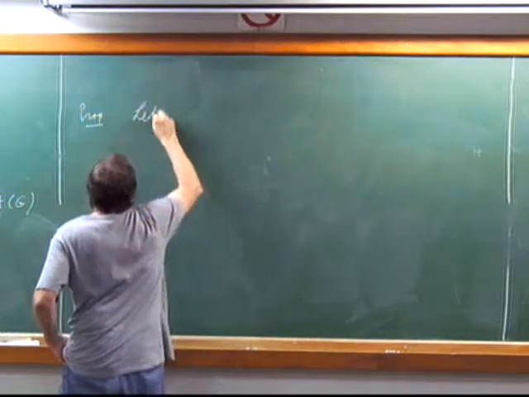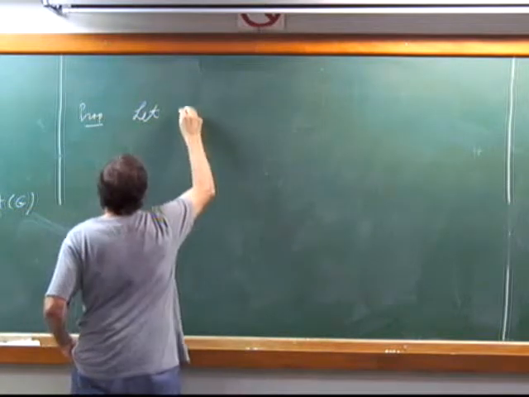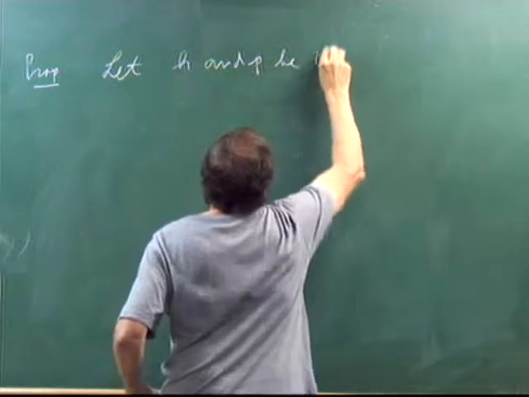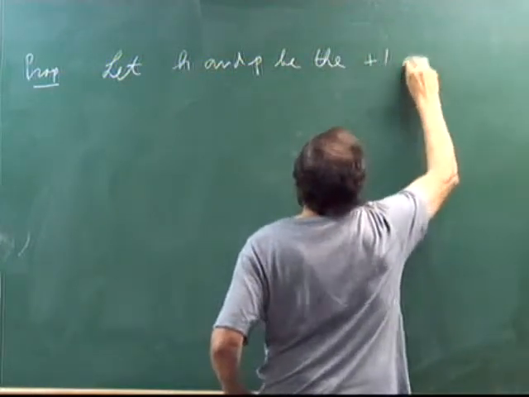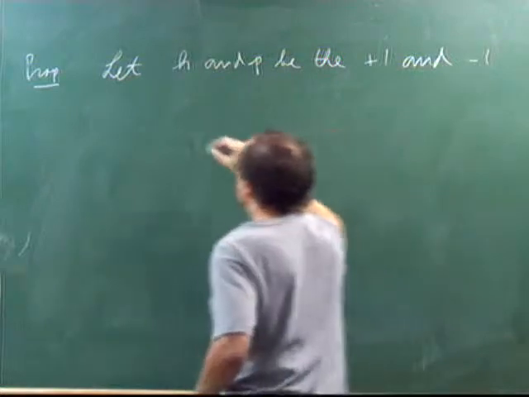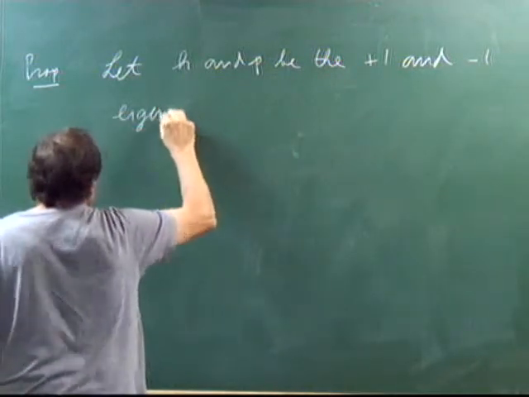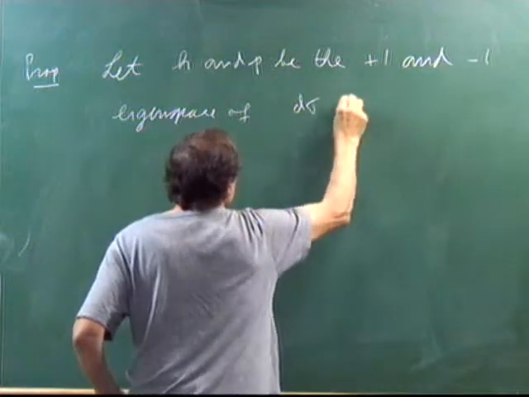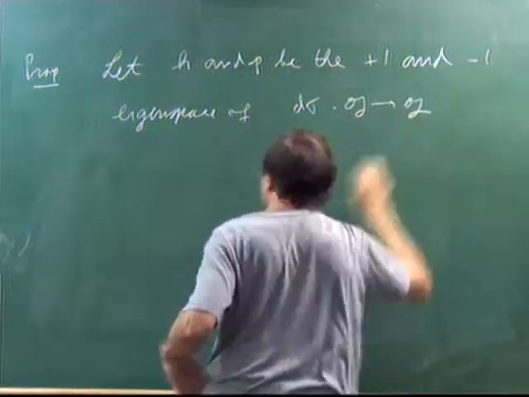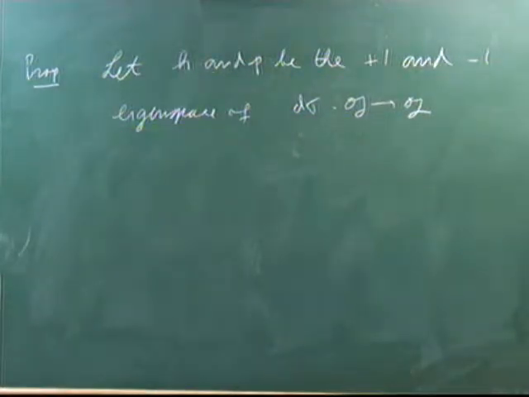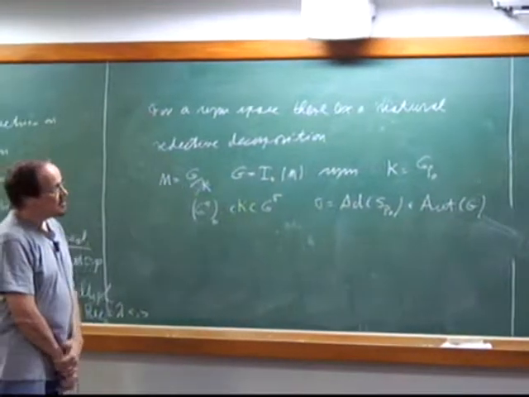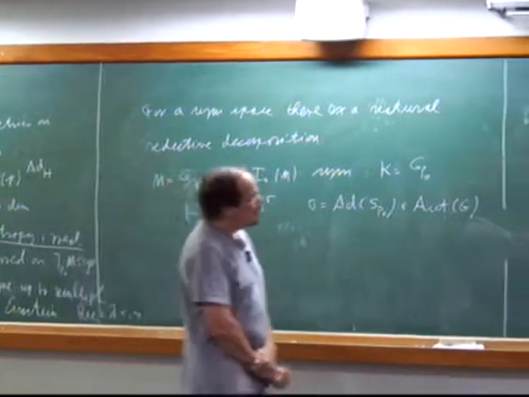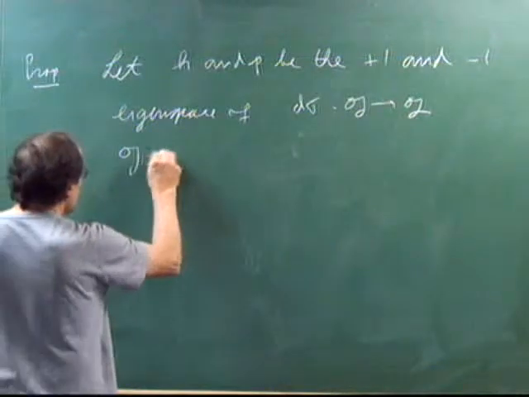So let h and p be the +1 and -1 eigenspace of d sigma, which goes from g to g. Right, sigma was an involutive automorphism, so d sigma is as well. So d sigma squared is the identity, so there's a +1 and -1 eigenspace, and the whole thing decomposes into its +1 and -1 eigenspaces.